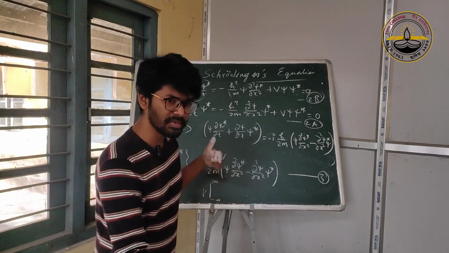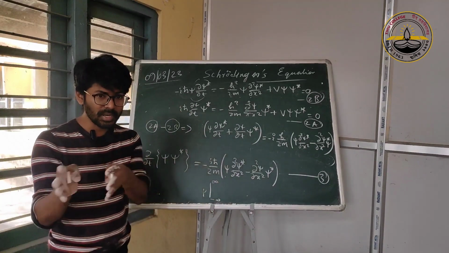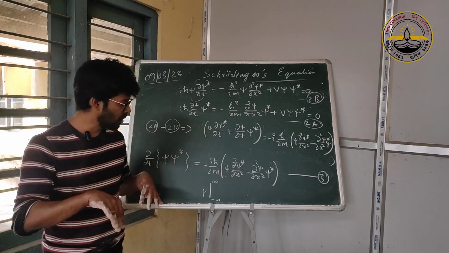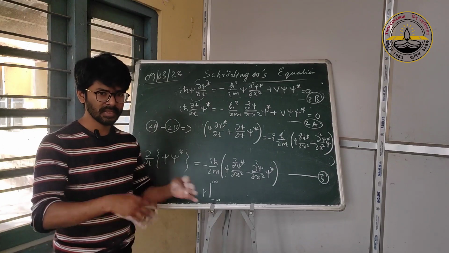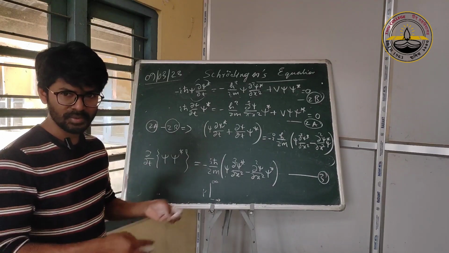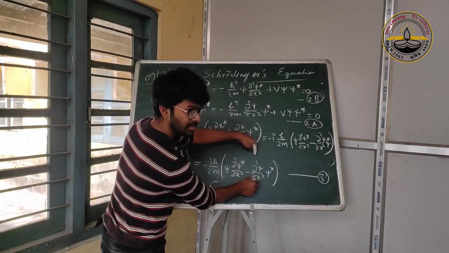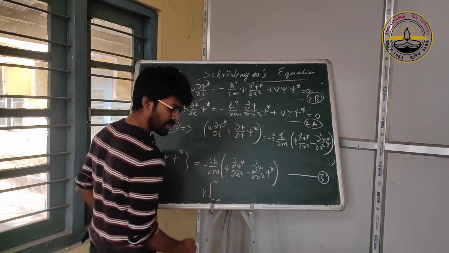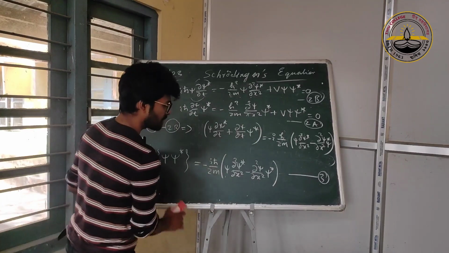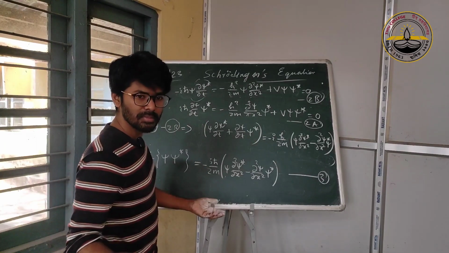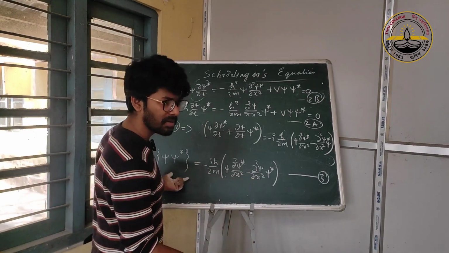Just always while deriving, think about what you want and then go in that direction. Otherwise, it will take time and then you will be going in many directions. So here we have double derivative. We can convert that into single derivative through usual differentiation by parts.